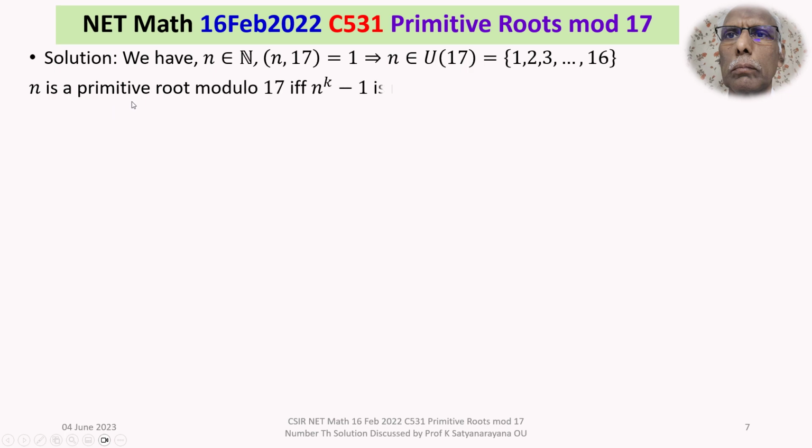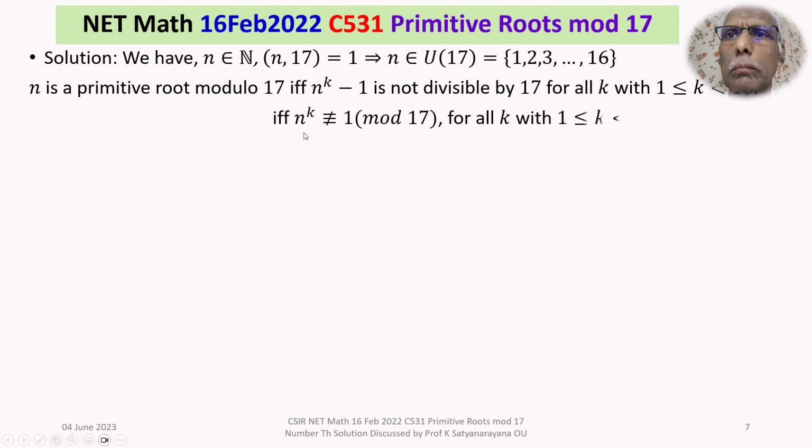And we are given a definition. The definition reads: n is a primitive root modulo 17 if and only if n power k minus 1 is not divisible by 17 for all k with 1 less than or equal to k less than 16. This is the same as n power k is not congruent to 1 modulo 17 for all such k.